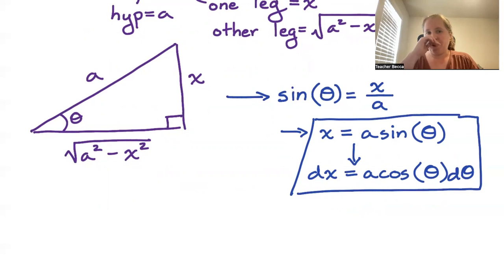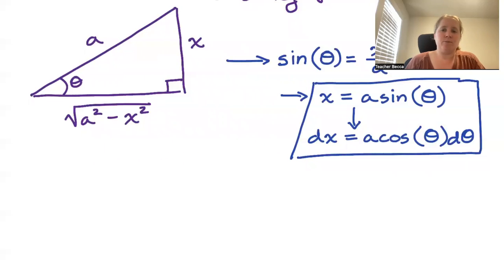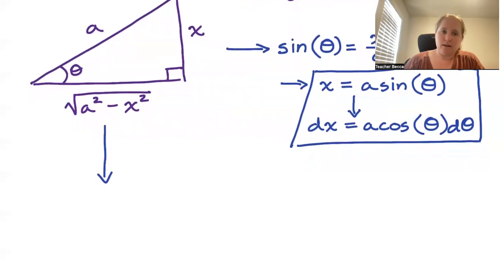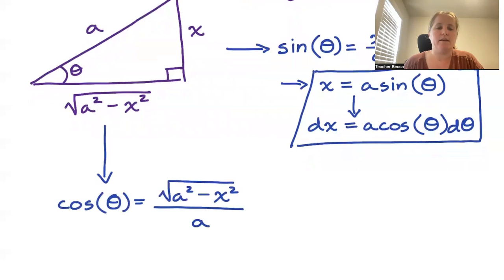We also, though, have another relationship, a simple relationship involving square root a squared minus x squared. If we don't want to involve our x as well, we have that cosine of theta is equal to the square root of a squared minus x squared, that whole square root divided by a.